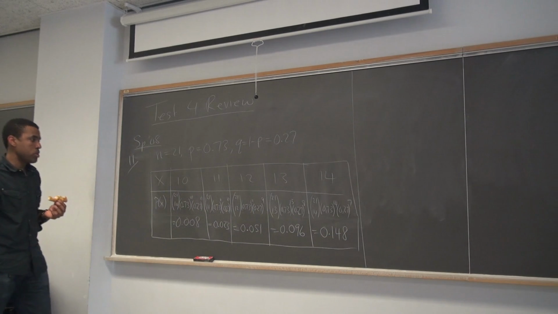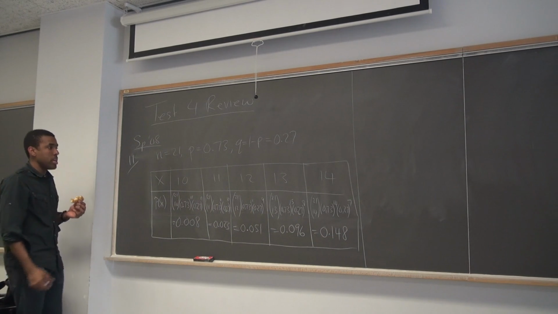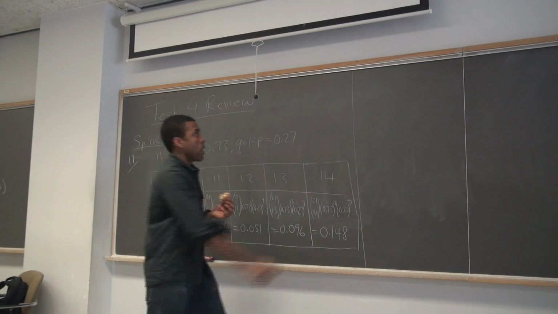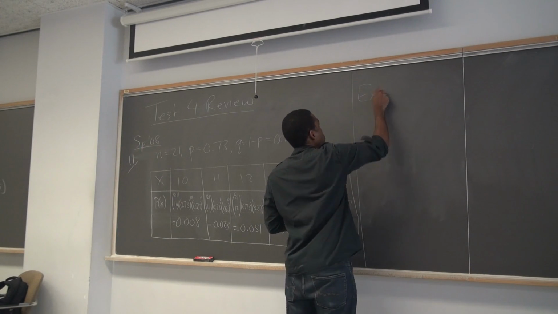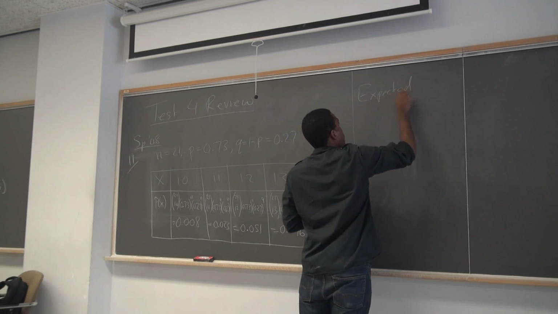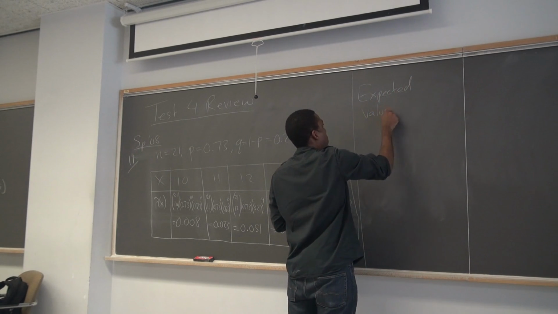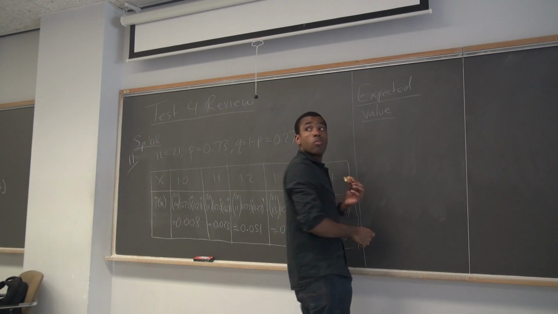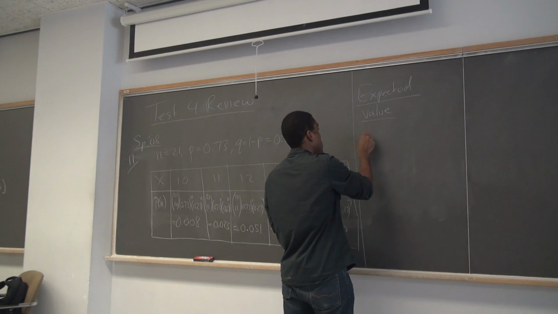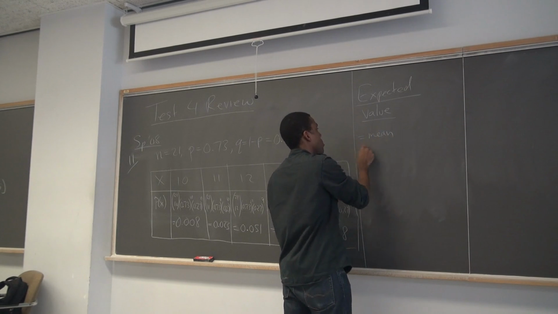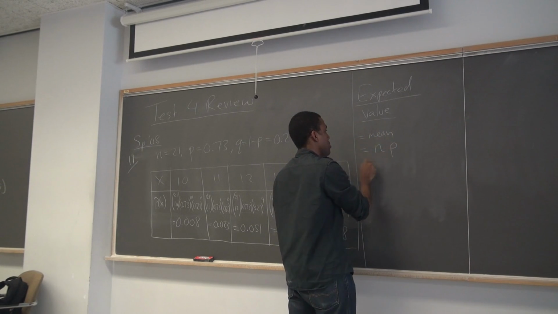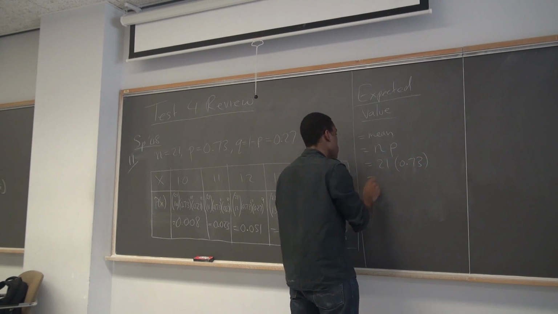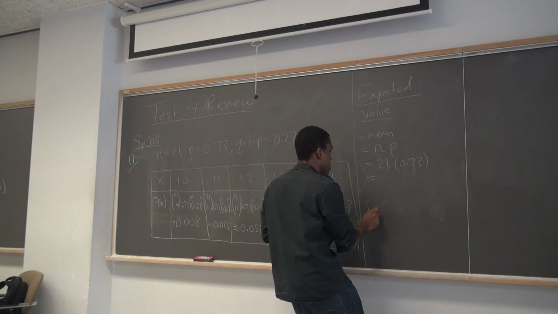Okay, that's the probability distribution. If you wanted the probability that he makes between 10 and 14, you'll just add these all up. How do you find expected value? This is just the mean, which for binomial distributions we know is N times P, which is going to be 21 times 0.73. How do you find the standard deviation?